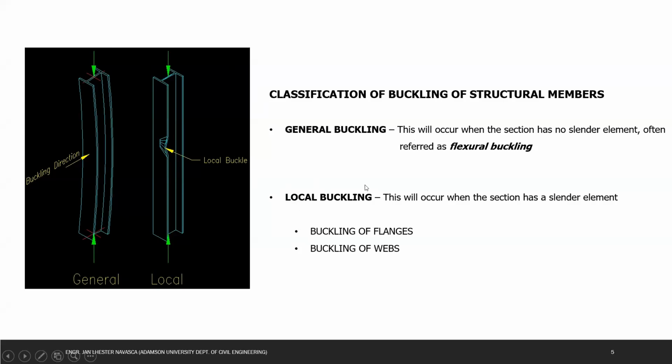However, local buckling will occur when the section has slender elements. Later in the discussion, you will understand what slender and non-slender elements are.